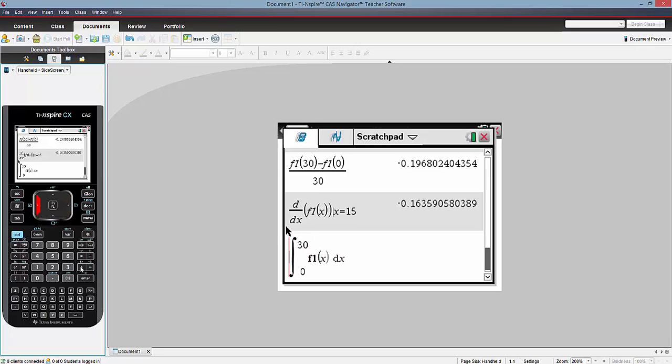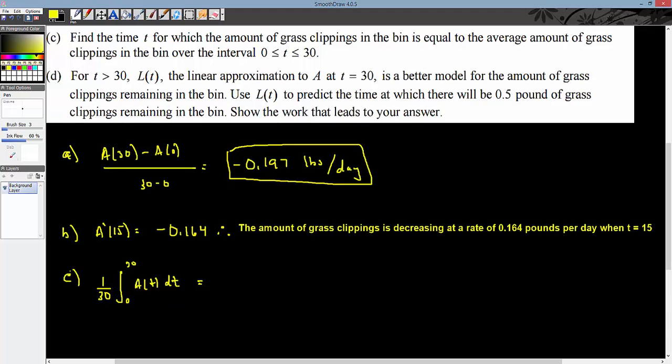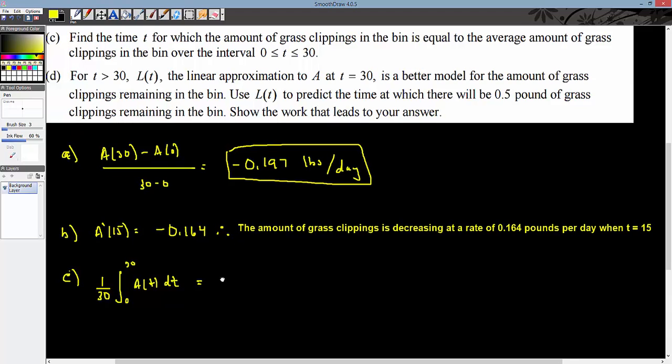So I'm going to go ahead and multiply this by 1 over 30 on the outside here. I always end up in trouble whenever I do some kind of operation after the fact. So boom. So I get 2.7526. So 2.752635. So let me write that down. That equals 2.7526. Whoops.